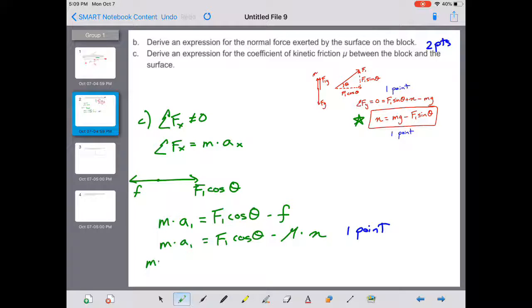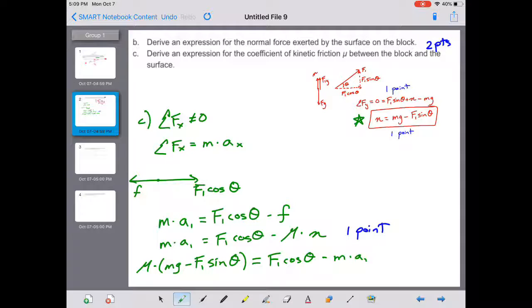So we're going to get m times A1, and I'm actually going to bring F1 cosine theta to the other side. Actually, I'm going to do this the opposite way. I'm going to get mu times the normal force, which was mg minus F1 sine theta, is equal to F1 cosine theta minus m times A1.